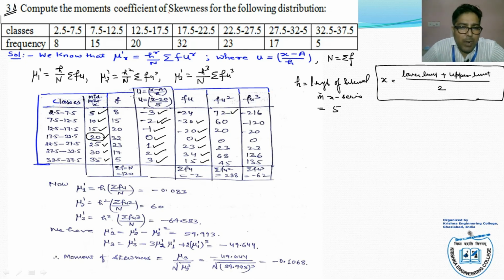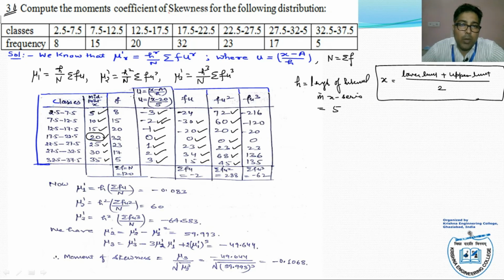The product of minus 2 and minus 30 becomes 60. The product of minus 1 into minus 20 becomes 20. The product of 0 into 0 becomes 0. The product of 1 into 23 becomes 23. The product of 2 into 34 becomes 68. The product of 3 into 15 becomes 45. Now find the sigma fu square, which is 288 with the help of the calculation. Clear?